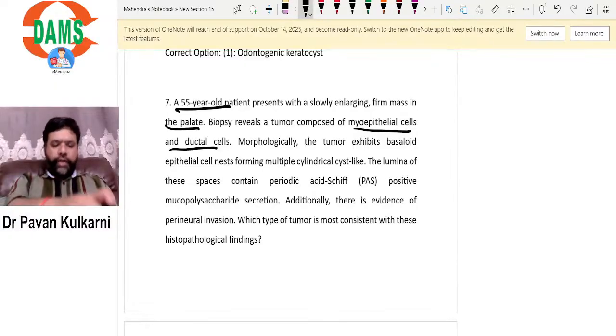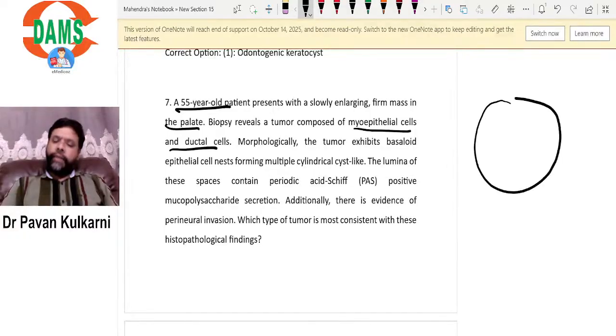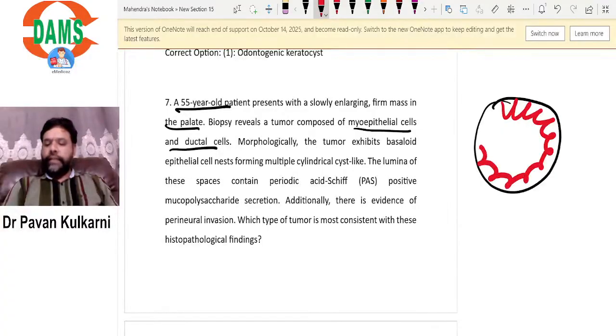Before going to this question, I just want you to explain one thing. Whenever we discuss salivary gland, there will be a duct, there will be a lumina or some structure. That lumina or duct is surrounded by one group of cells called ductal cells. Outside this lumina, we have one more group of cells called abluminal cells.